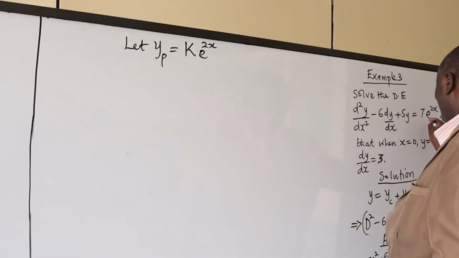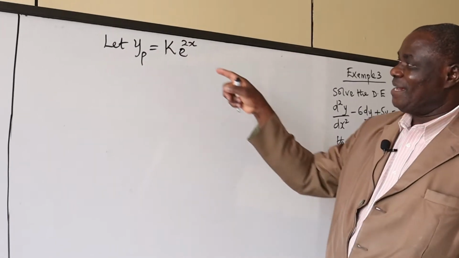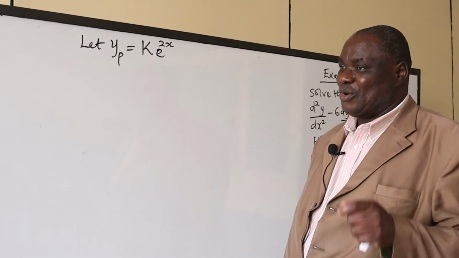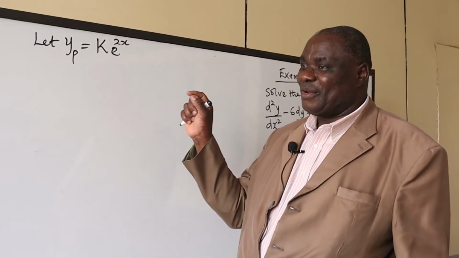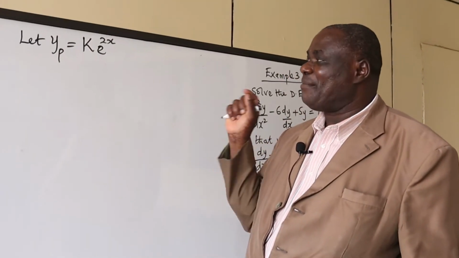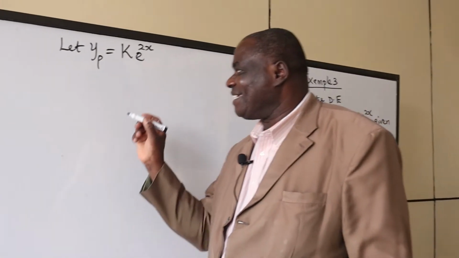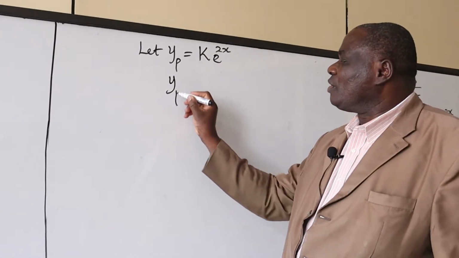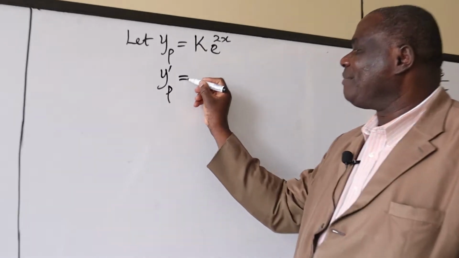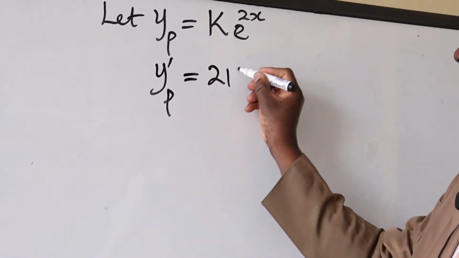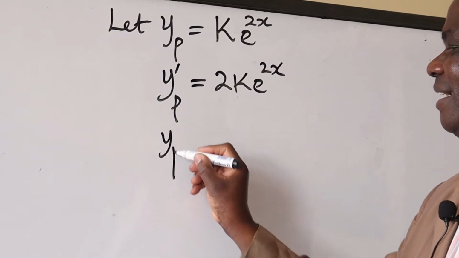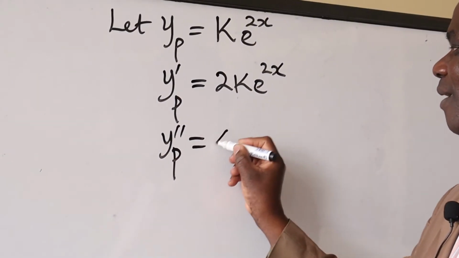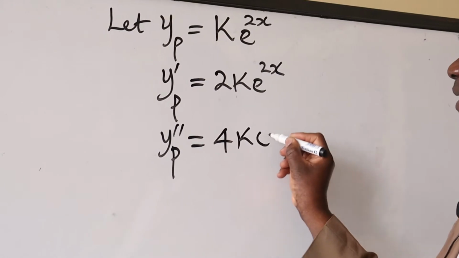The exponential we maintain, but the arbitrary constant is not known until we determine it. Remember, we are using the method of undetermined coefficients. So yp prime, the first derivative, will be 2k exponential 2x. The second derivative will be equal to 4k exponential 2x.